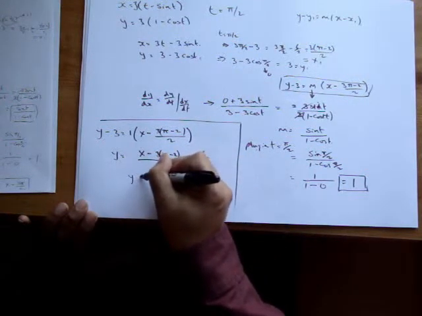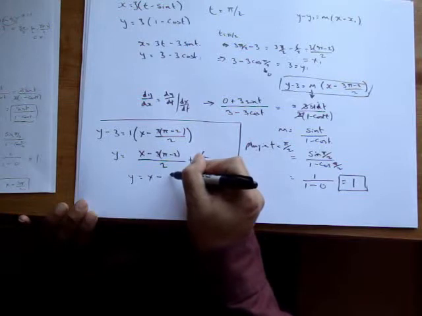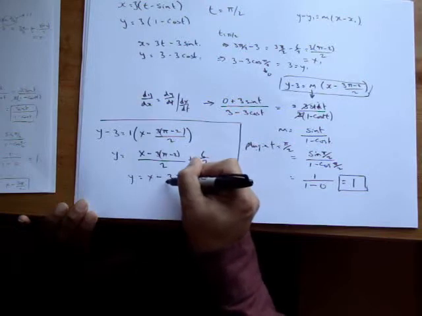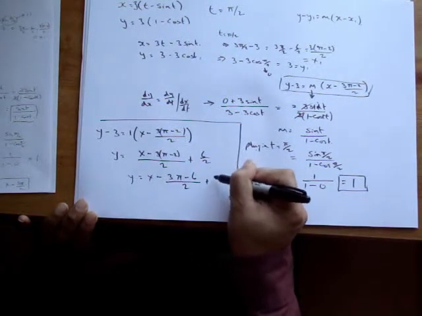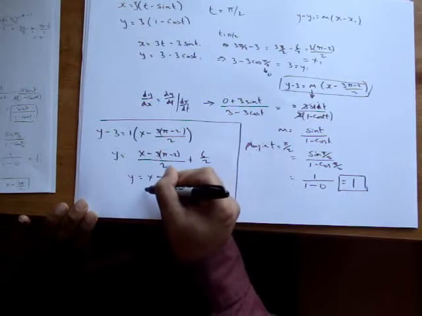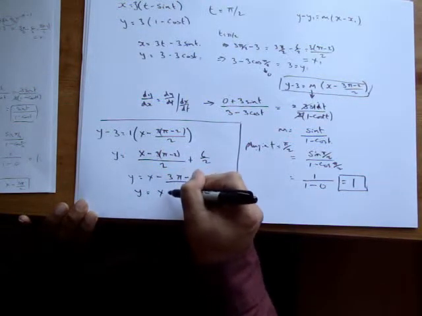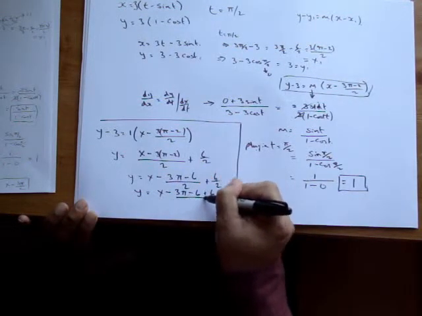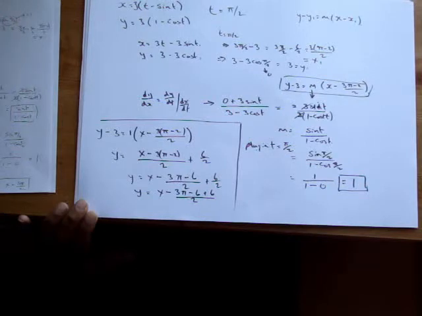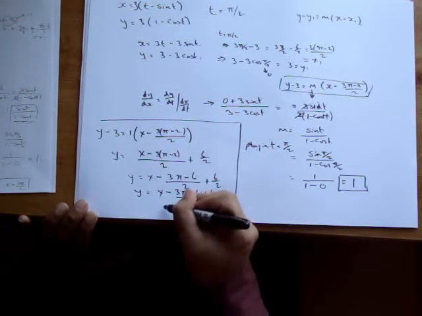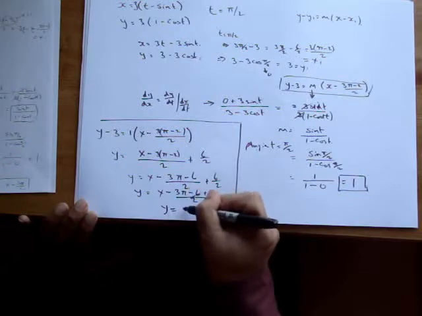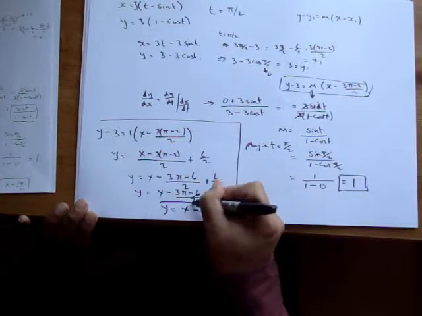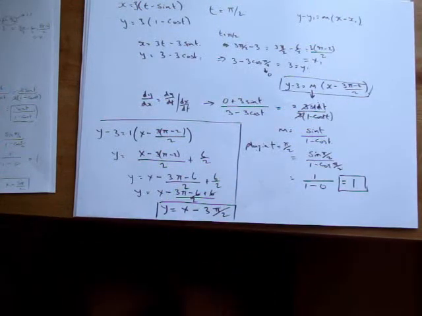This becomes y equals x minus (3 pi minus 6) over 2 plus 6 over 2. Y equals x minus (3 pi minus 6 plus 6) over 2. The 6 is cancelled, and the final formula we have is y equals x minus 3 pi over 2. And that is our answer.